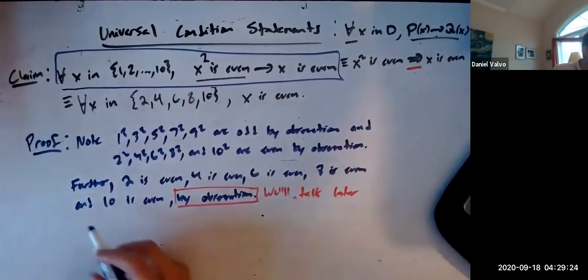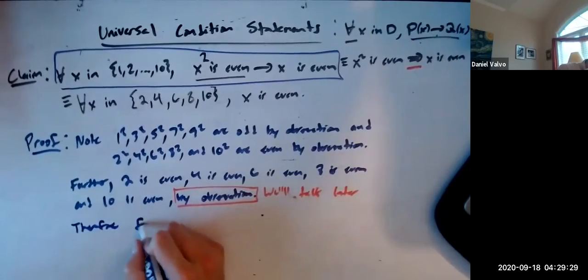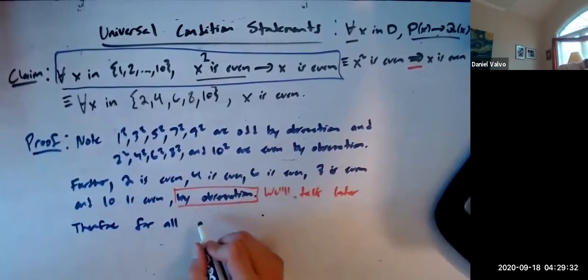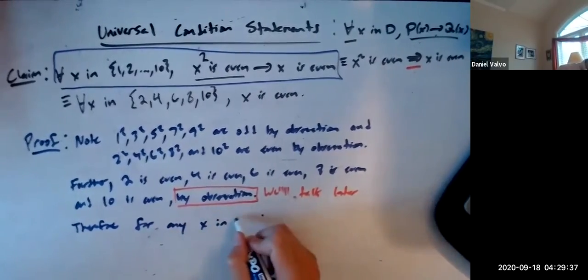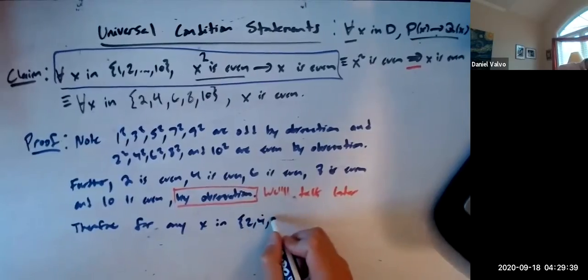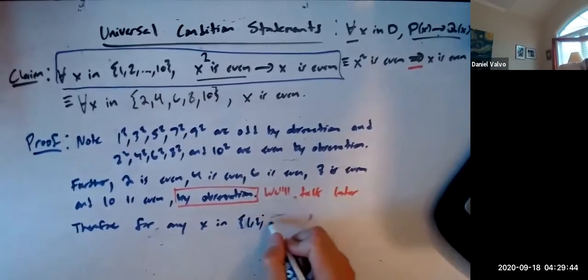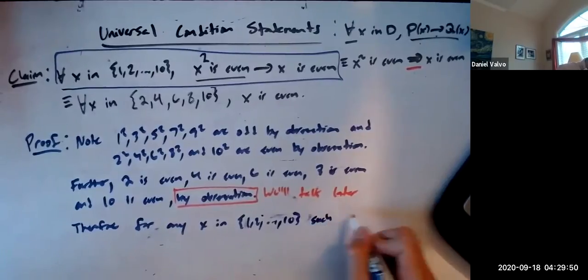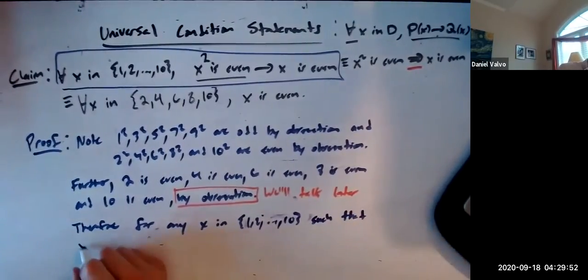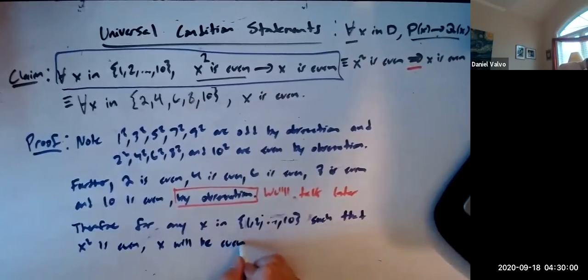So we know that all of these are even. The point is, therefore, for any x in 1, 2, all the way to 10, such that x squared is even, x will be even.